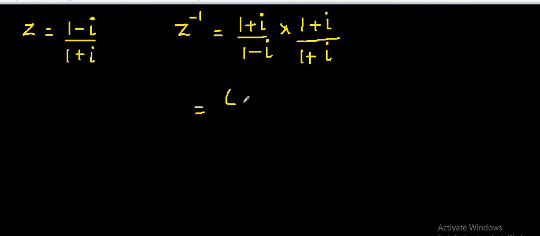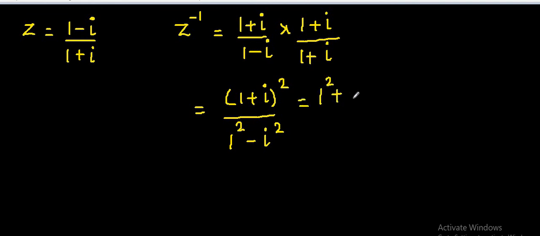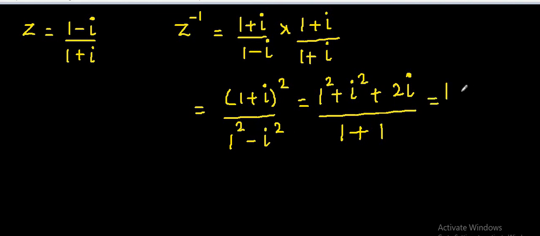So in numerator we have 1 plus iota whole square, and in denominator we have a minus b into a plus b, which is a square minus b square. Opening whole square, in numerator we have 1 square plus iota square plus 2 iota, divided by 1 plus 1, because iota square is minus 1. So we have 1 minus 1 plus 2 iota in numerator and 2 in denominator.